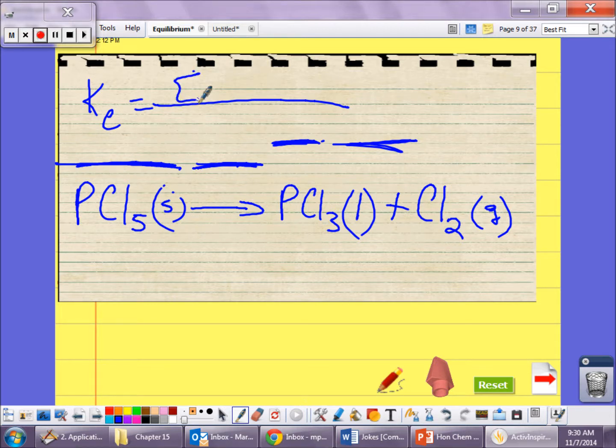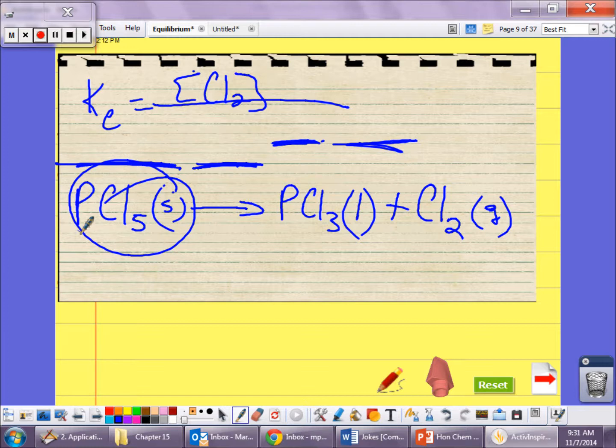Now, you have to be extremely careful. Am I going to include PCl3 in that expression? No. So this is just Cl2 to the first power over, wow, look at this, this is a solid. I do not include it. So my expression is bracket Cl2, the concentration of Cl2, and I'm done.